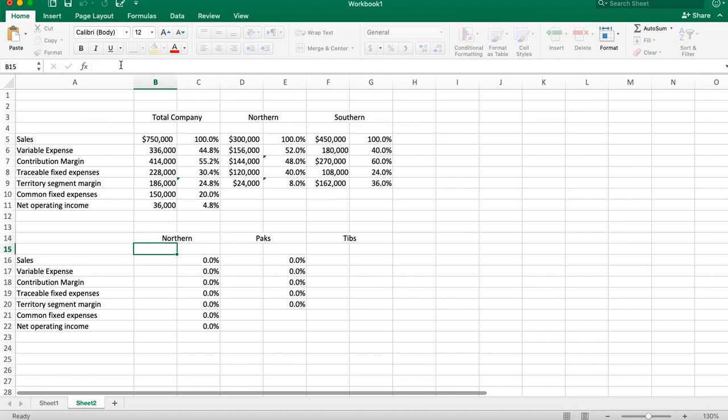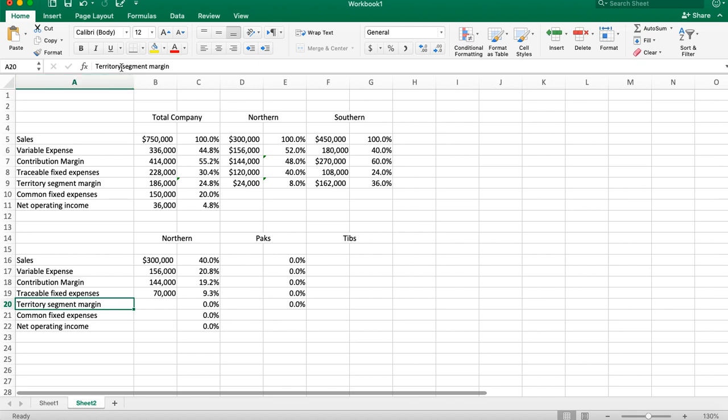And so we're going to take Northern, which is given to us. 300,000 is our sales, 156,000 is our variable expenses. Our contribution margin is the difference between the two. Then it tells us, again, on this one, it's different, that traceable fixed expenses are 70,000, which gives us a product segment margin. So we need to change this instead of saying territory. Now we're looking at a product.